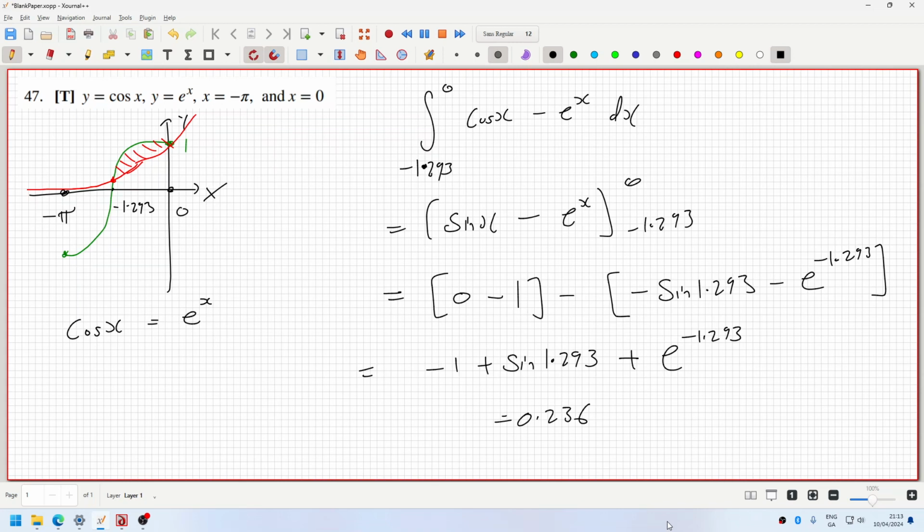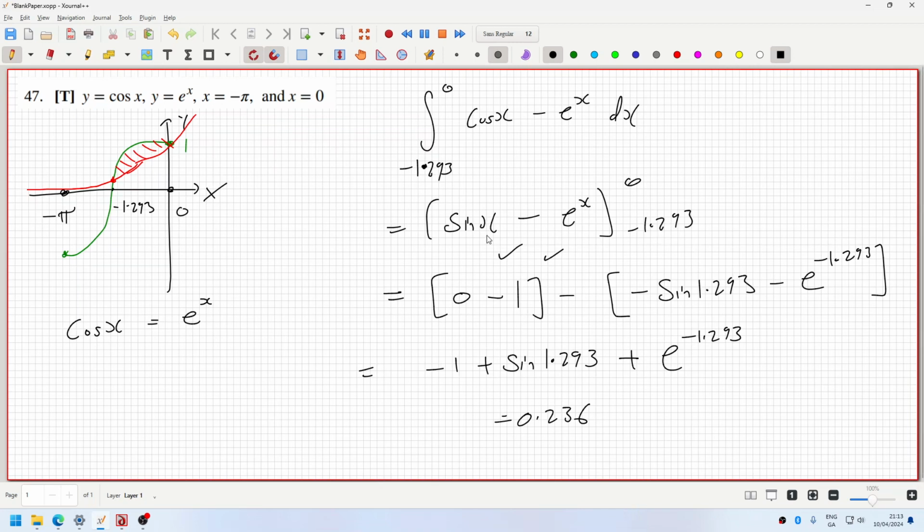Cos minus e becomes sine minus e. Sine 0 is 0 and e^0 is 1. So that's -1. Okay, so that looks okay. Minus, and then we put in minus 1.293.